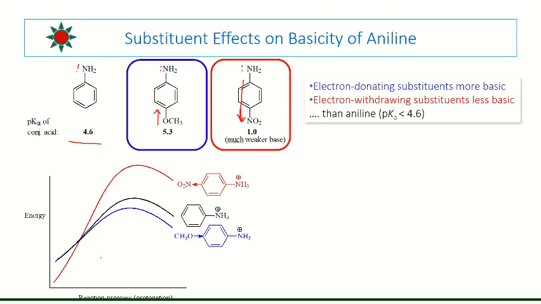It's reflected in this energy diagram, because you can see that the reaction due to protonation is much less favorable for the nitro species. This one will release its proton at a much greater rate than the nitro species, because its activation energy is lower.